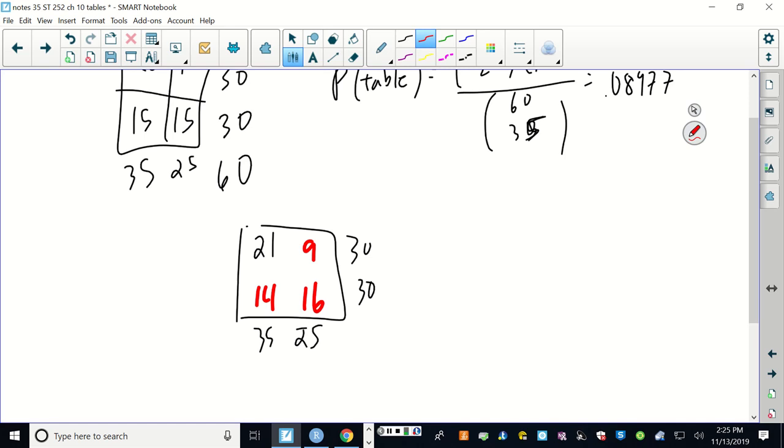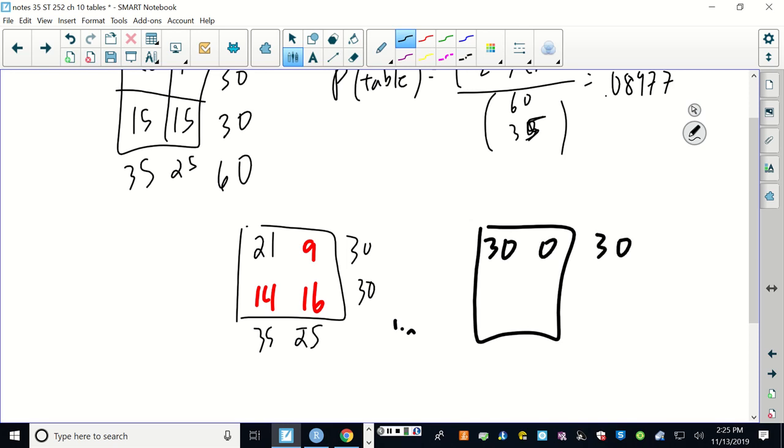And you can look at the probability of that table. What's the most extreme we could get? 30 and 0? Yeah, you could get that. If you got 30 here and 0, is that possible? Then you'd have to have 25 here to add up to the 25, and 5 here to add up to 35, and then add up to 30.